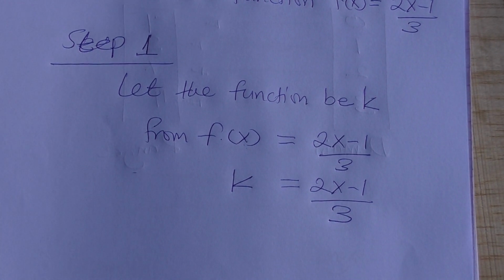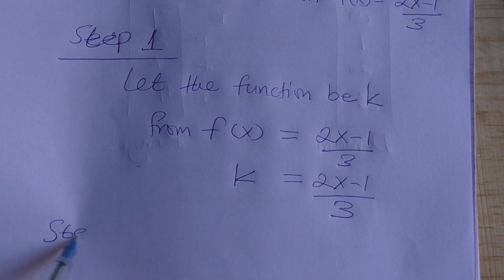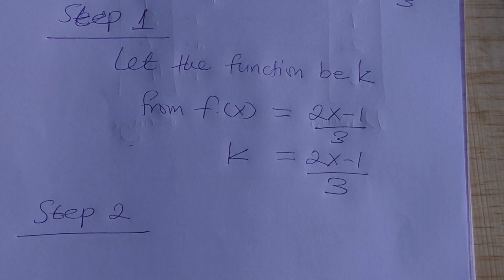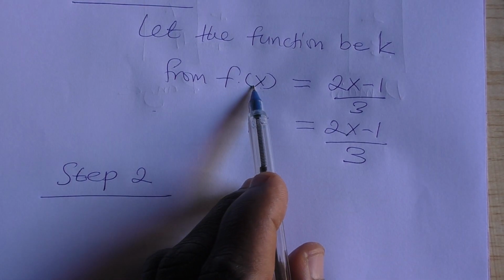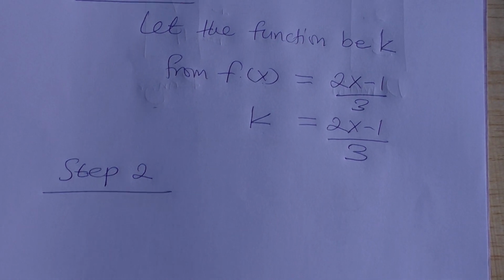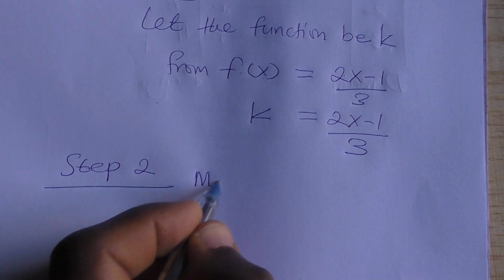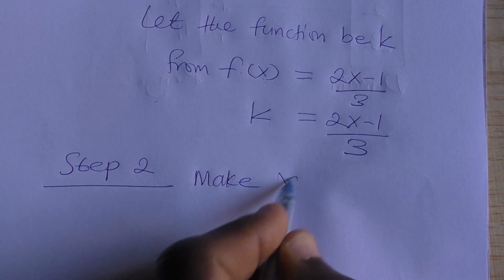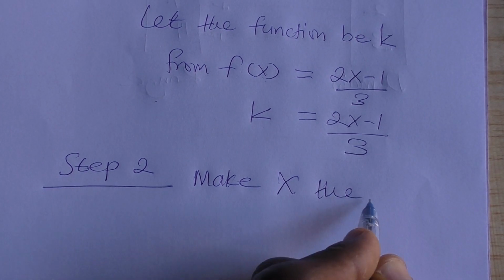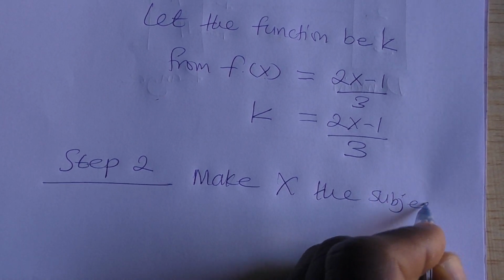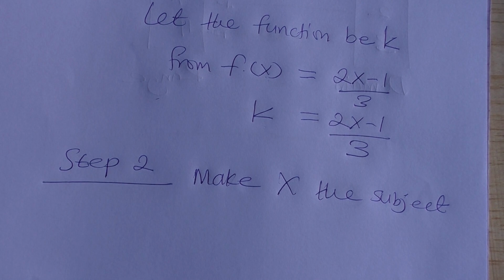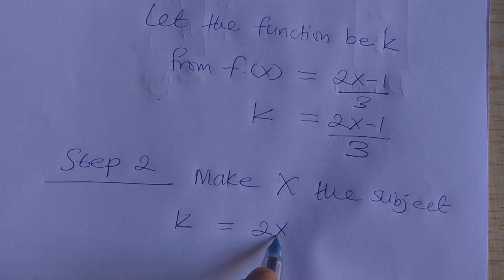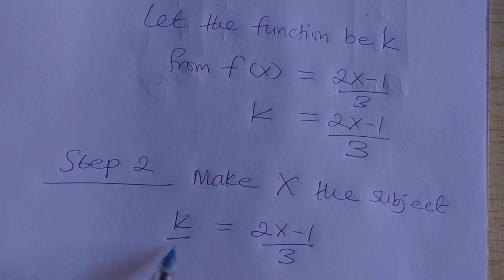That is step 1. Step 2, and this is the most important, so you must be careful. After substituting the function with k, the second step is make the variable x the subject. So make x the subject. That is, we have k equaling to 2x minus 1 over 3.